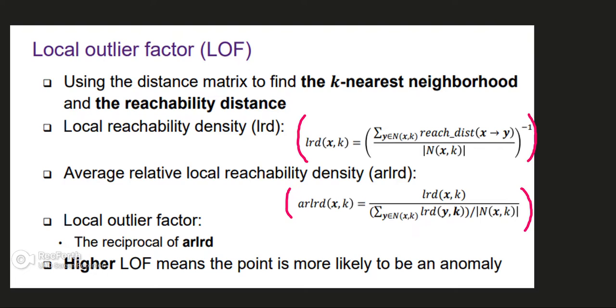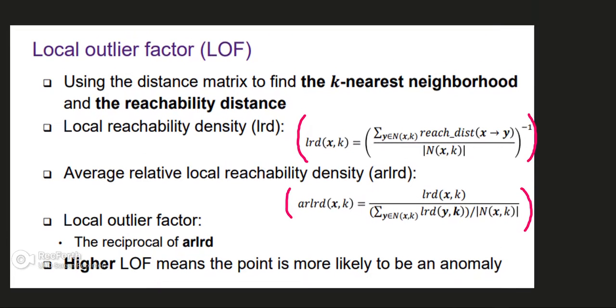So it's kind of like an average, or you're comparing the local reachability density of a given point to the average of its neighborhood. In fact, that's precisely what you're doing for the ARLRD. And that's why this ARLRD, the average relative local reachability density, is a little bit handy, because it gives you a better way of thinking about the local outlier factor than does LOF itself, right?